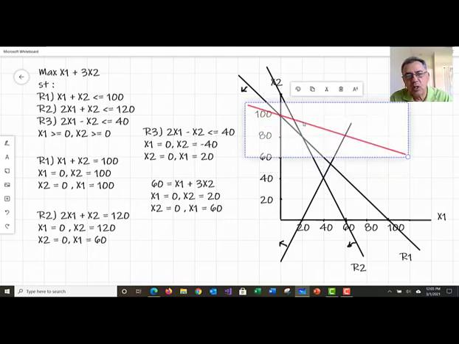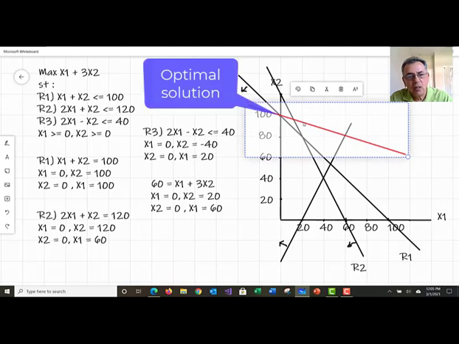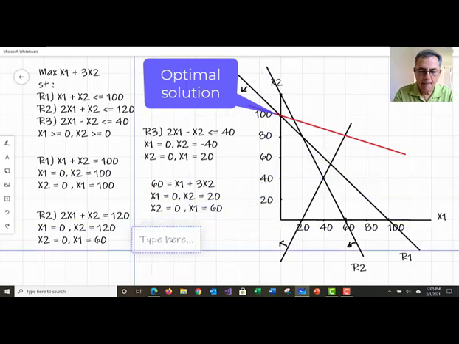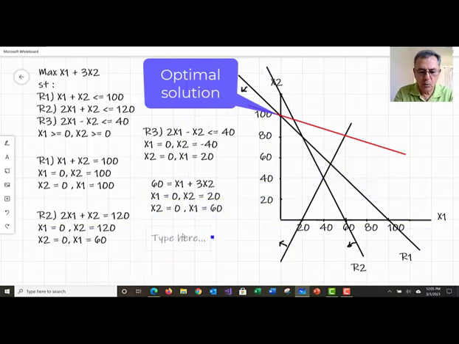Notice this would be the one that would be the last line before I leave the feasible region, and that point is my optimal solution, which is the point of x1 equal to 0 and x2 equal to 100. That gives me the total objective function value.